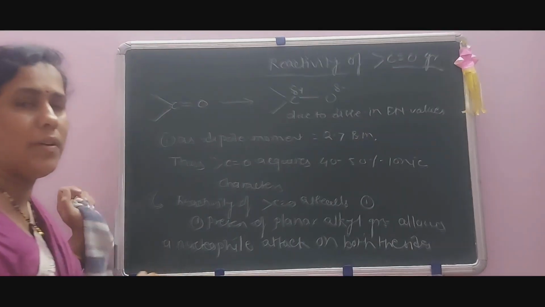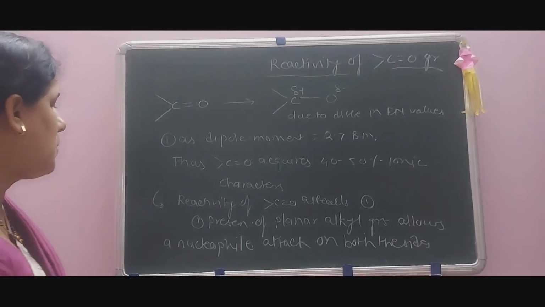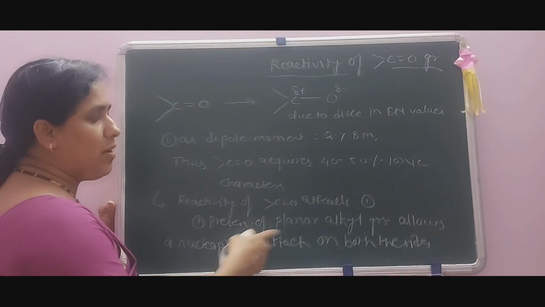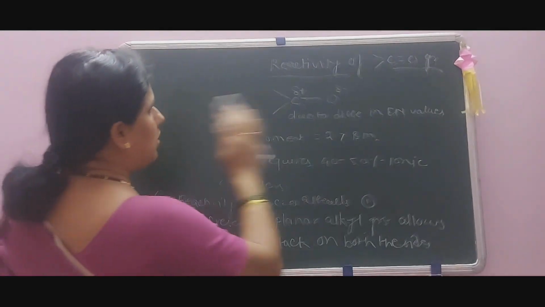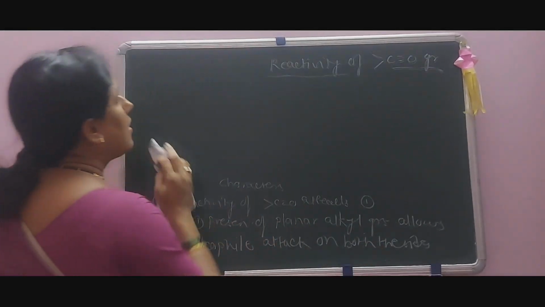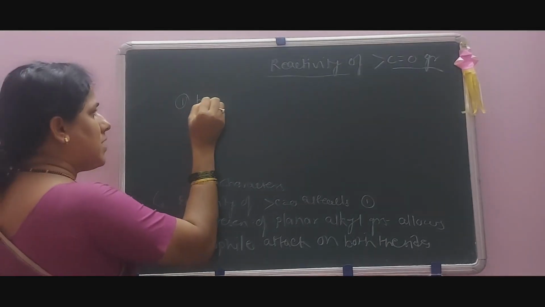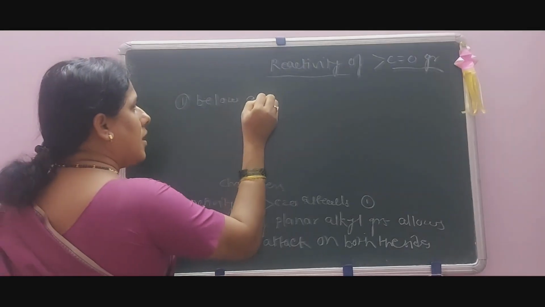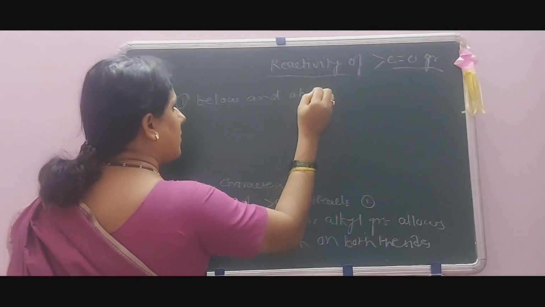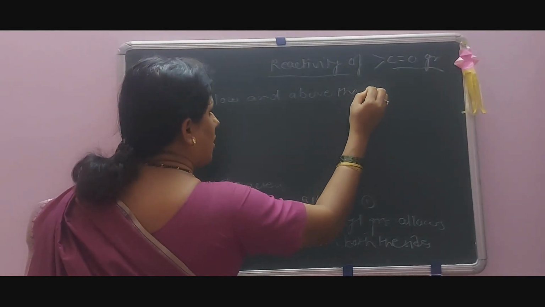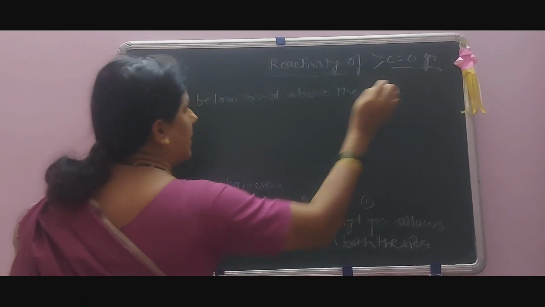That is due to the planar nature of the alkyl groups. Which are the two sides? Below the plane and above the plane.